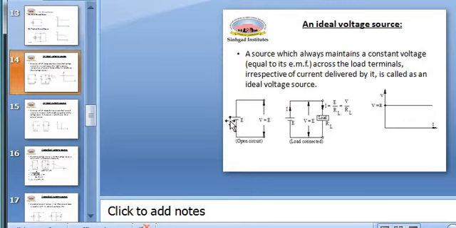We can have the voltage versus current characteristics as I have shown here. This is the supply voltage and this is the voltage across the load or voltage across the output terminal. Let E be the input voltage, let V be the output voltage.